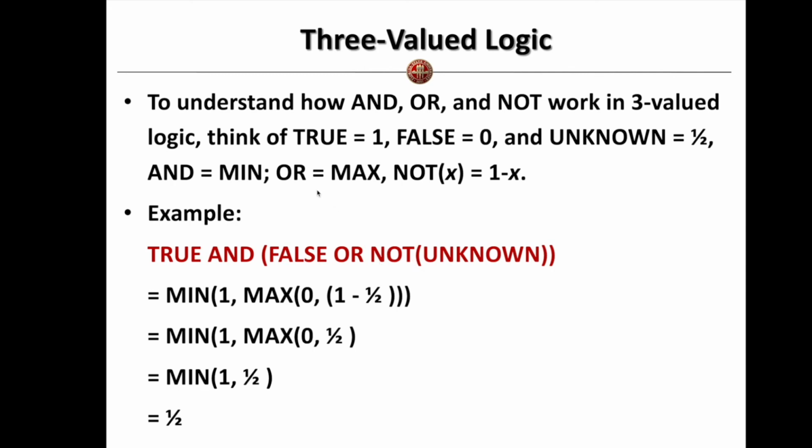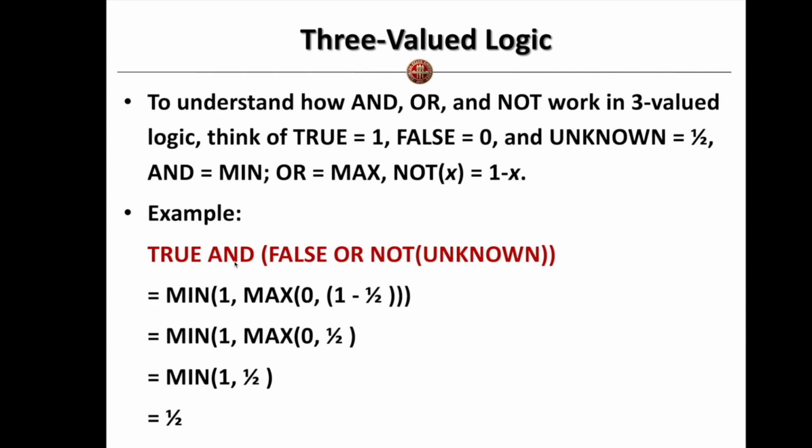According to the above function, or equals max. Therefore, false or not unknown equals max, and inside it we have not unknown equals 1 minus 1/2. According to the previous example, false equals 0. Therefore, this expression will be equal to max of 0 and 1 minus 1/2.